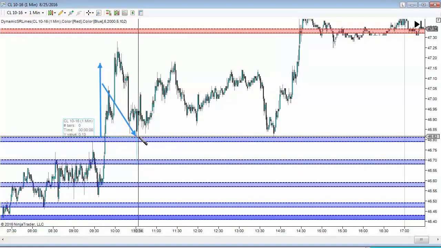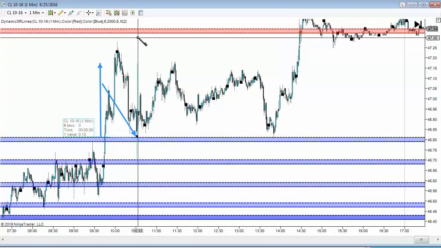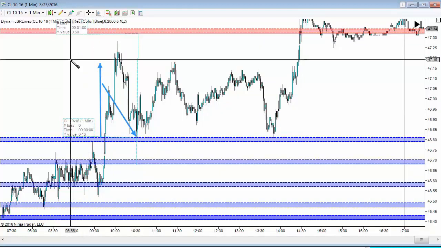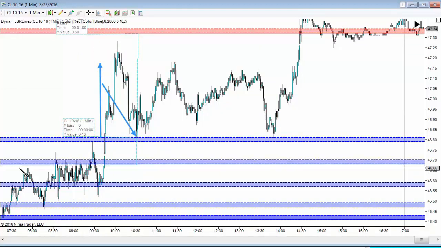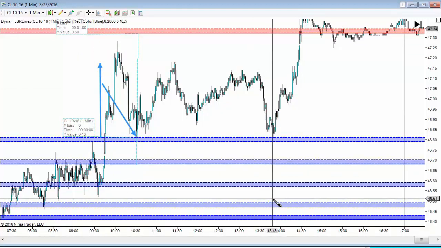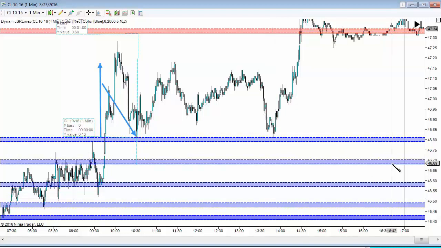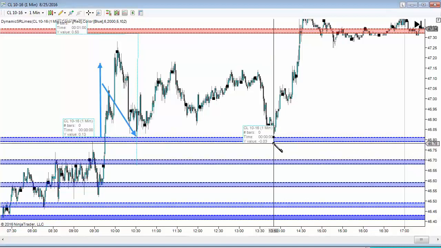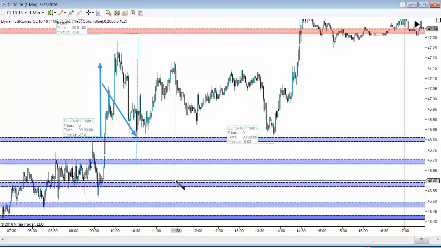Can I risk 13 ticks to try to make 50 ticks? Okay, and that sort of seems like a no-brainer, right? And there will be opportunities like that where you're just coming into the zone and you may decide, I want to put my stop just on the other side of that zone and try a low risk entry.